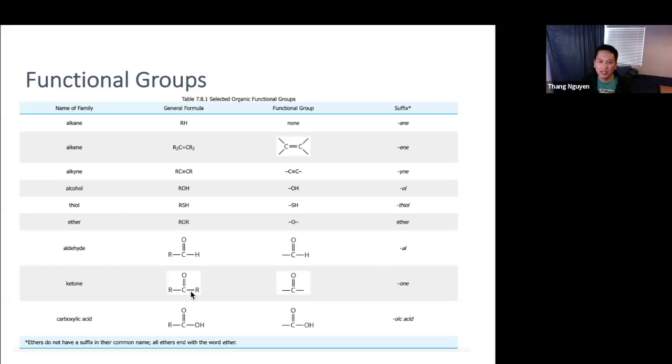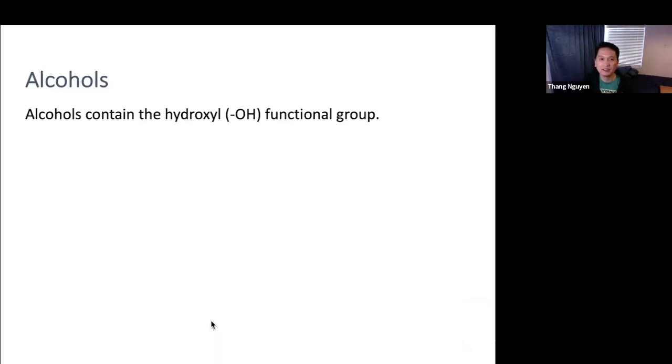If they're both alkane chains, we call that a ketone, and we end the name in one. If on one side it has an OH instead, we call that a carboxylic acid, and it ends in oic acid. Okay, so we'll go through these in detail in the following slides.